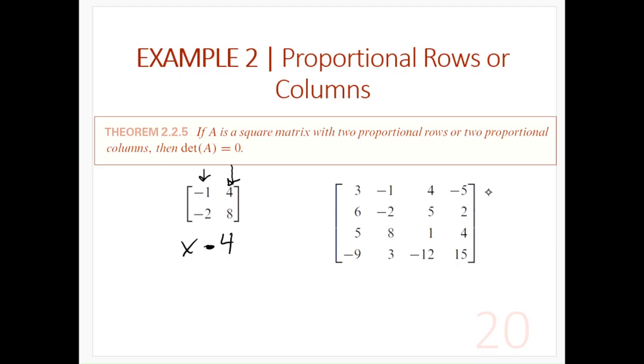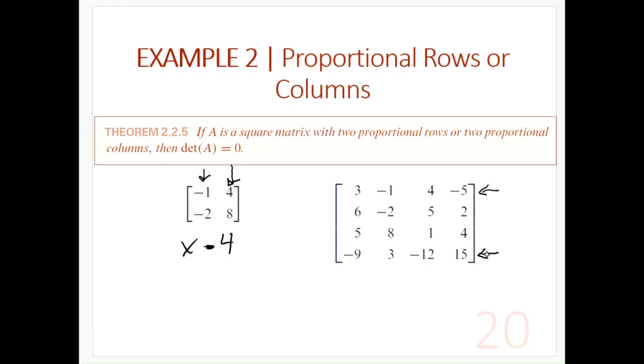This is a bigger matrix. We got a 4 by 4. So what do you think? Do you think the determinant is 0? Can you find any proportional rows or proportional columns? I have to say, maybe not at first glance. You might not see it right away. But I would like to draw your attention to the top row and the bottom row here.